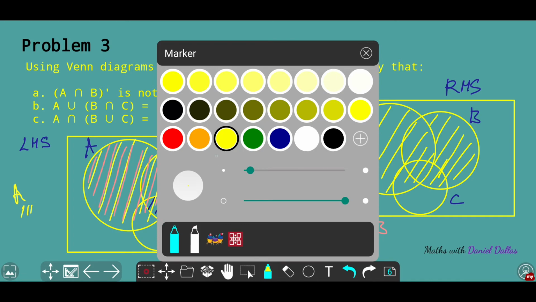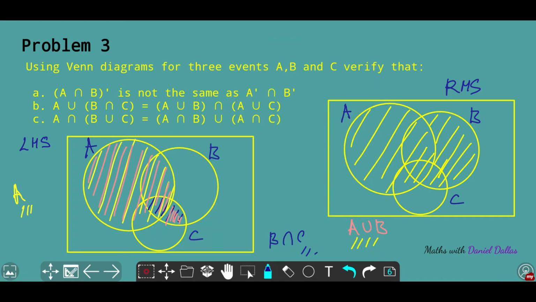And let's use dark blue for A union with C. So A union with C, we're going to use this type of shading. A and C again, it's here. So here, A union C.